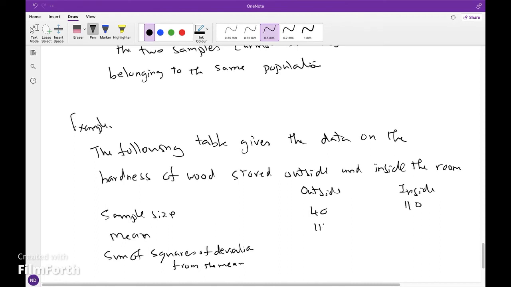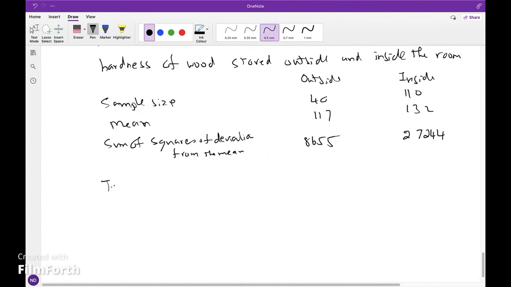Then mean 117, 132. Sum of squares of deviation from the mean 8655, 27244. Test whether the hardness is affected by weathering.